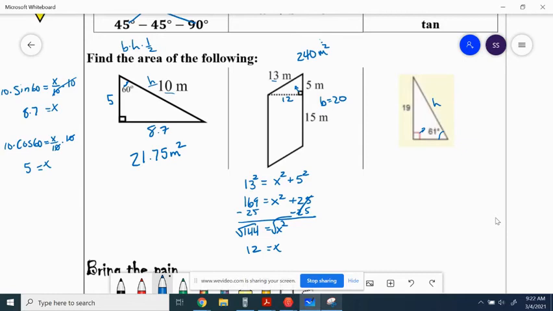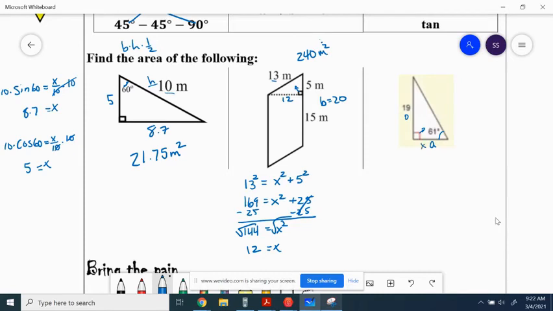Across from the angle, the side that's not touching the angle, is our opposite. And the side that is touching the angle, right, it's next to it, but it's not the hypotenuse, is the adjacent. So for this one here, we don't really need to know anything about our hypotenuse, so we need to solve for our adjacent side.